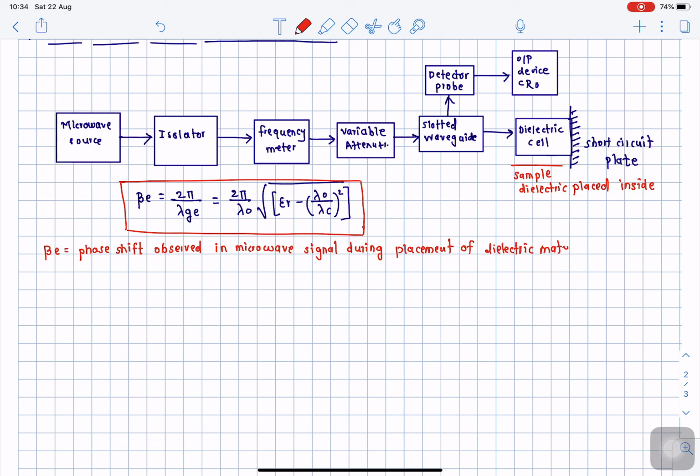So beta E is the phase shift in the microwave signal that is observed during the placement of a dielectric material. And lambda GE is the guide wavelength when the dielectric material is placed.